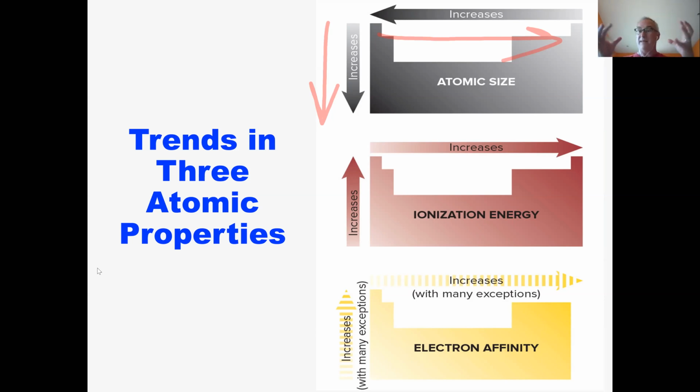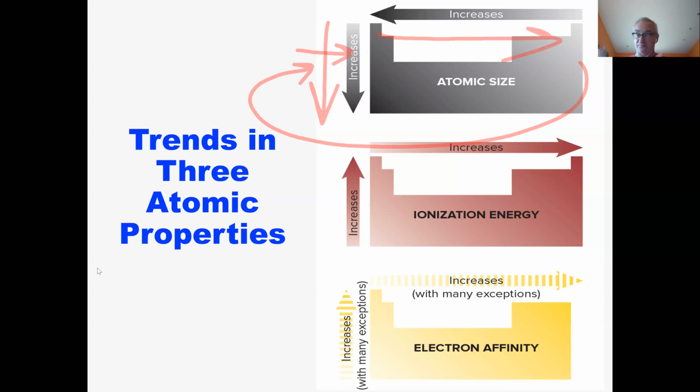Because the pull on those electrons becomes more and more as we add more and more protons. The shell stays the same, like shell 2, shell 3, shell 4. Those electrons stay relatively the same distance from the nucleus, but the nucleus gets bigger, and so it starts pulling on those electrons more and more. It gets smaller and smaller until we add another shell, and then boom, it goes up again.